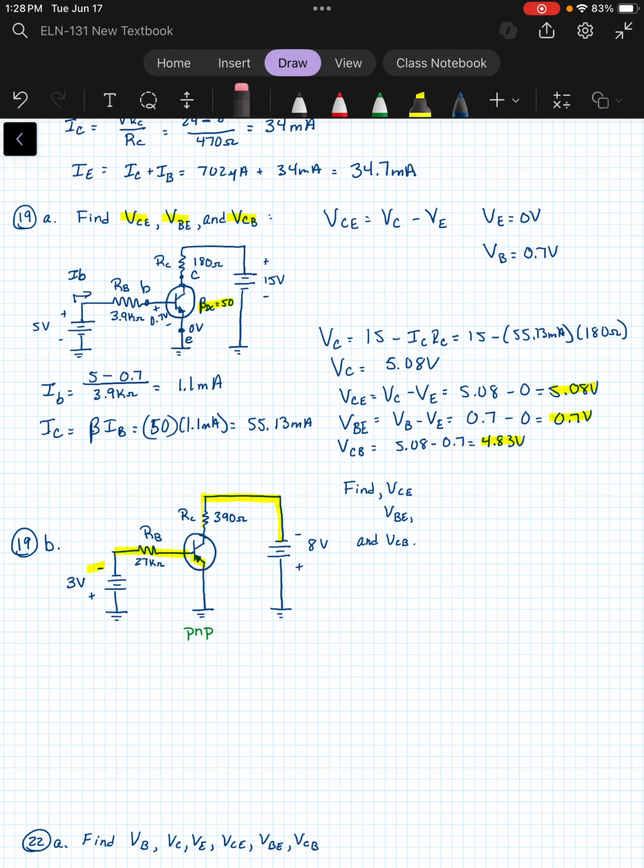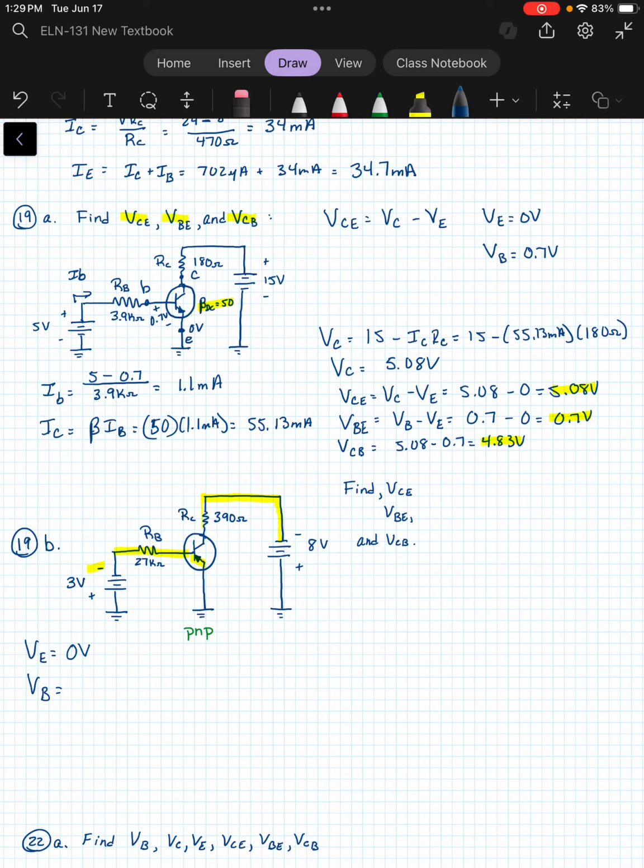But we're looking for the same thing here, we're trying to find VCE, VBE, and VCB. So again, we need to find all of those voltages individually. Okay, so VE, we already know that that's connected straight to ground, so that's going to be 0 volts. VB is going to be, so remember, for the NPN base to emitter junction, that's going to be a drop of 0.7.